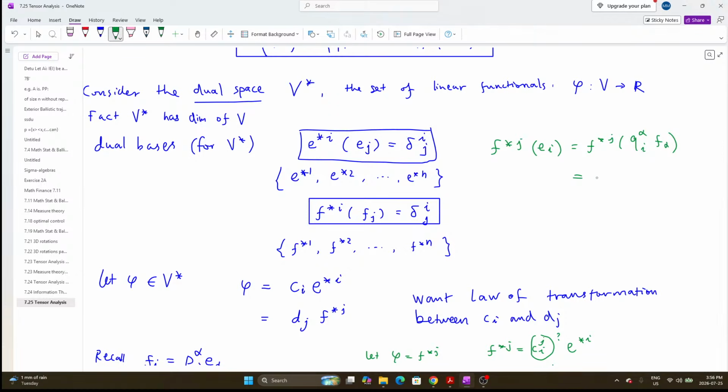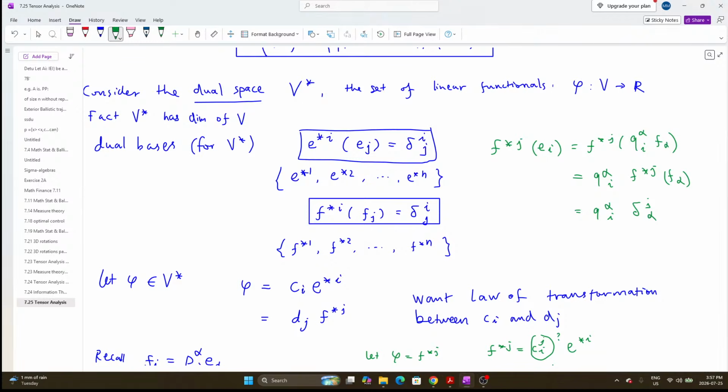And this is Q alpha i f star j f alpha. And that's the Kronecker delta. So this is Q alpha i Kronecker delta j alpha.